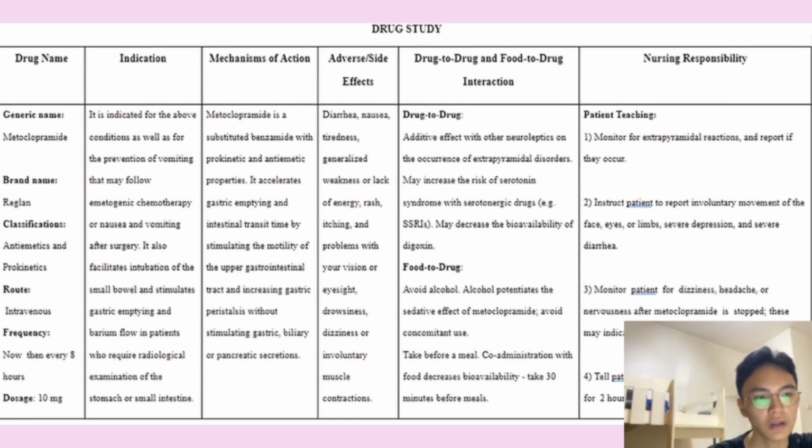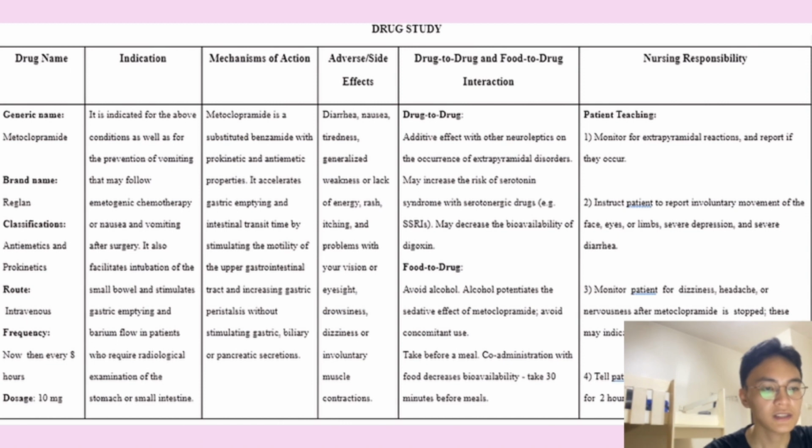Starting with drug to drug interaction, it has an additive effect with other neuroleptics on the occurrence of extrapyramidal disorder, may increase the risk of serotonin syndrome with serotonergic drugs, and may decrease the bioavailability of digoxin. Food to drug interaction, of course, avoiding alcohol.